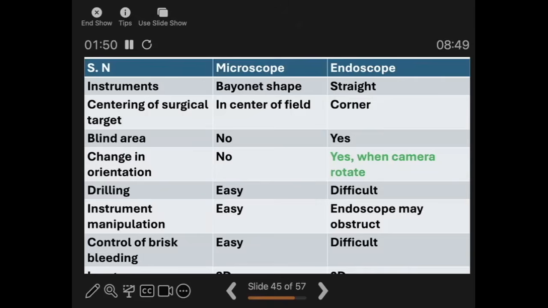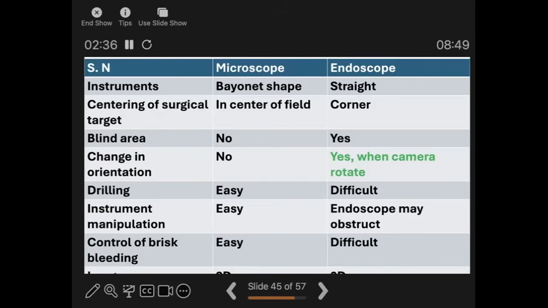Orientation is stable, blind areas are rare, and control of brisk bleeding is generally easier since blood does not soil the lens.